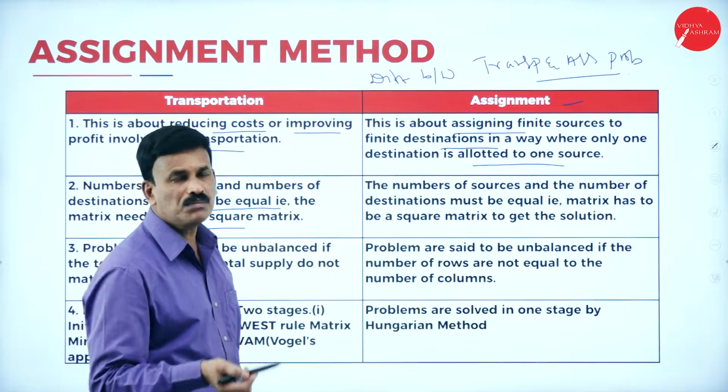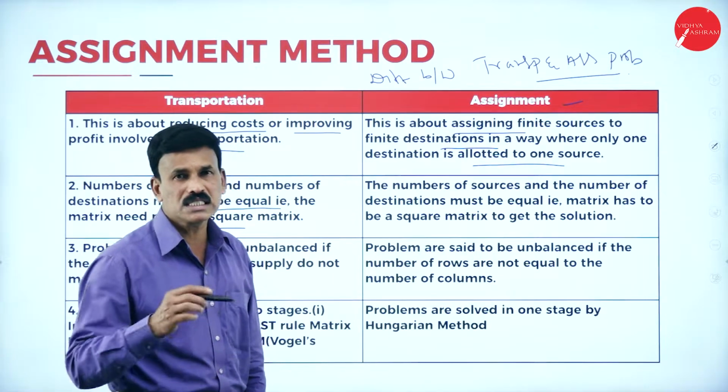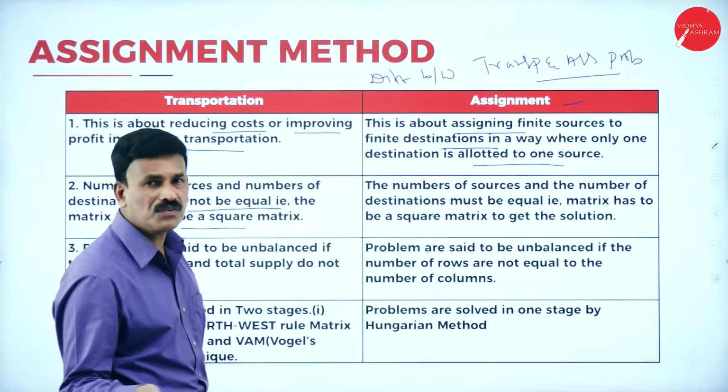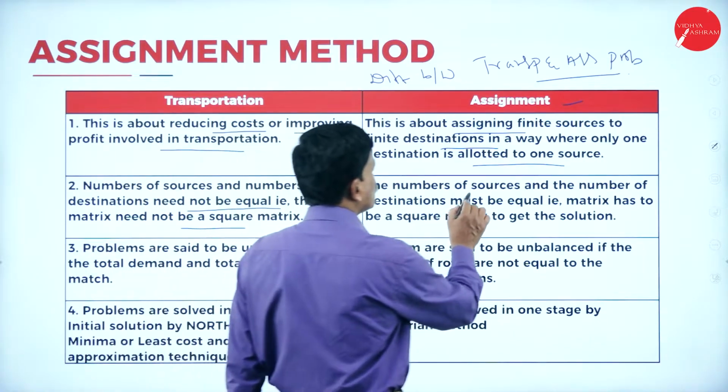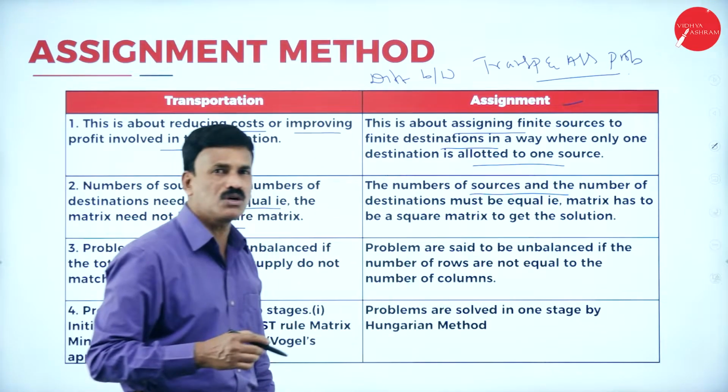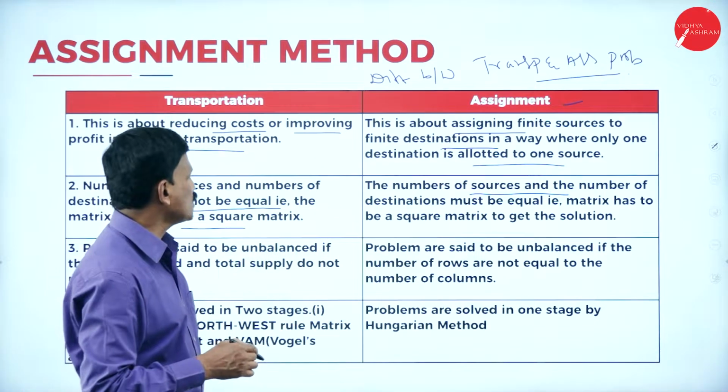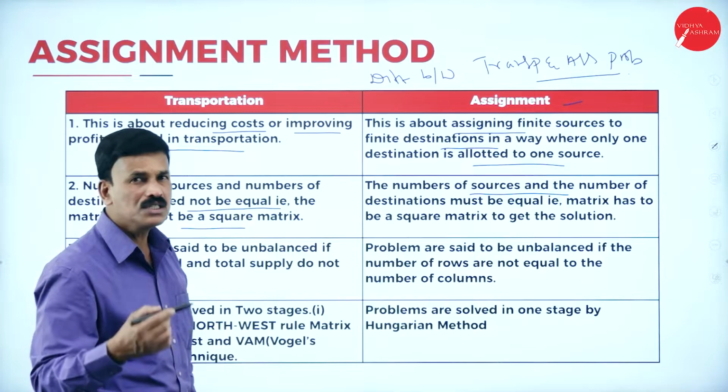That means the given problem is a square matrix, with the number of rows equal to the number of columns, to get the solution.